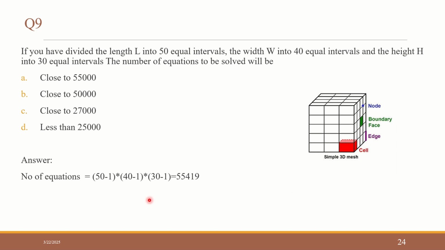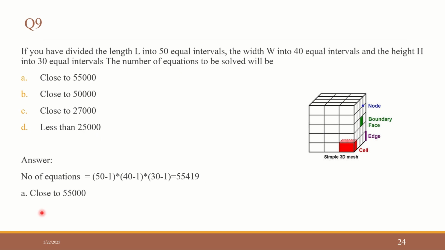So it will be number of intervals minus 1. So number of equations is 50 minus 1 into 40 minus 1 into 30 minus 1. So that is giving us 55,419. So the number of equations to be solved is 55,419. So of the options, it is coming close to option A.